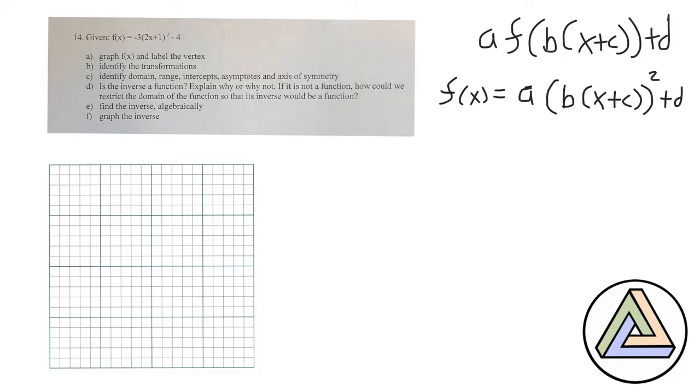So I took this concept and applied it down here with this exponent of 2, whereas this is the more generalized concept where you have a times the function plus d.